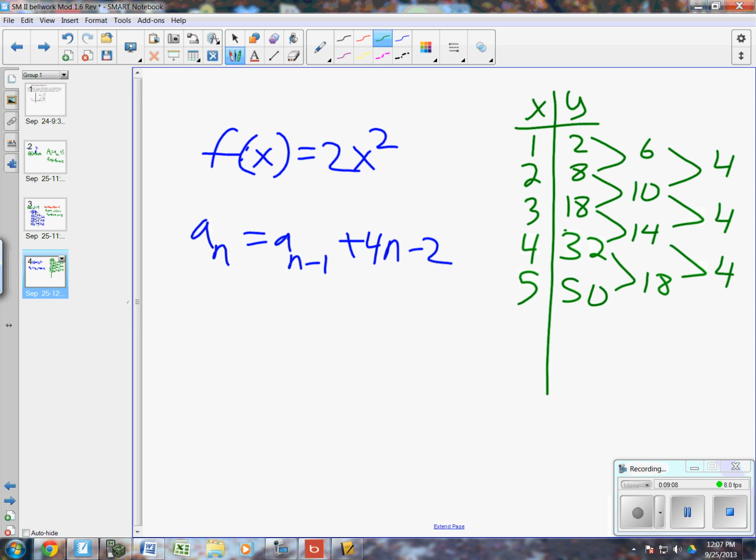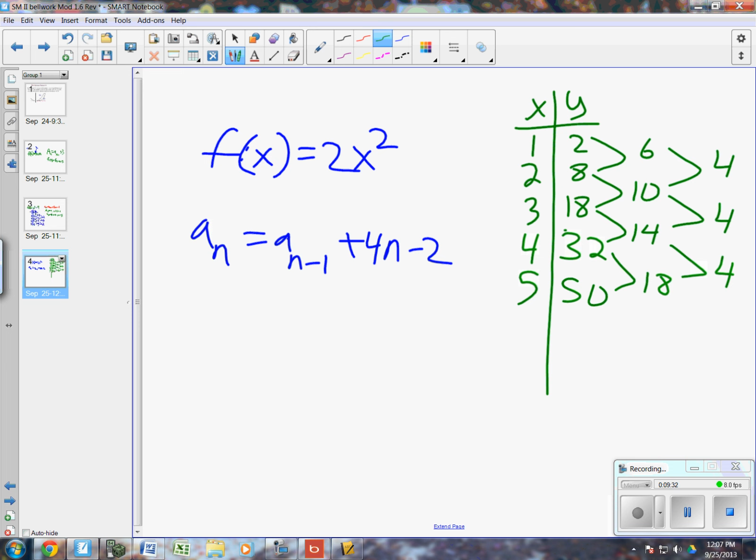You guys, all eyes right here again. Stop what you're doing. All eyes right here. This is probably the hardest part, the quadratic recursive part, right? The second set of differences is 4, right? So in my recursive formula, you get the previous term plus 4n. Whatever that difference is, it's always going to be that difference times n, right?